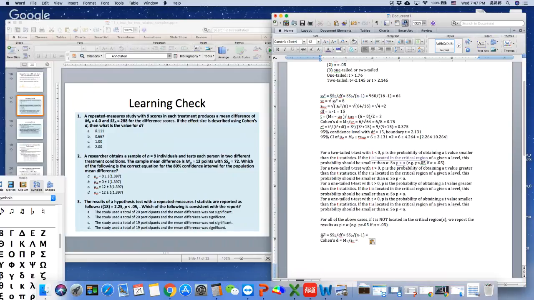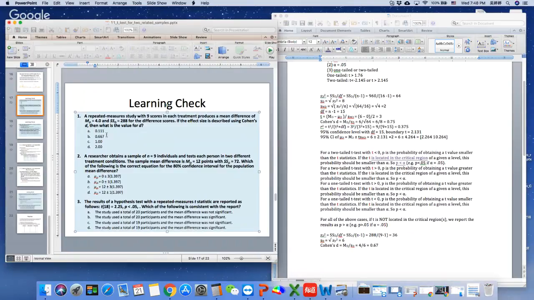Just replace the numbers with what we have in this question. So SD equals the square root of 36 divided by 9 minus 1, which is 6. So Cohen's d equals 4 divided by 6, which is 0.67. So the correct answer is D.